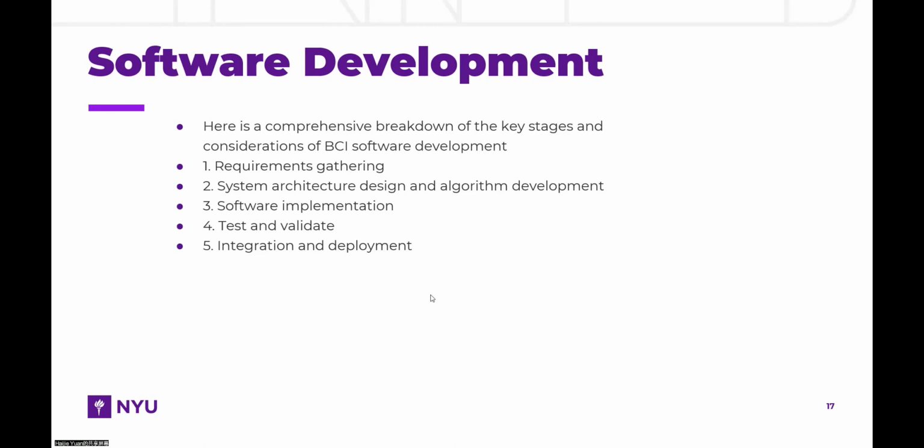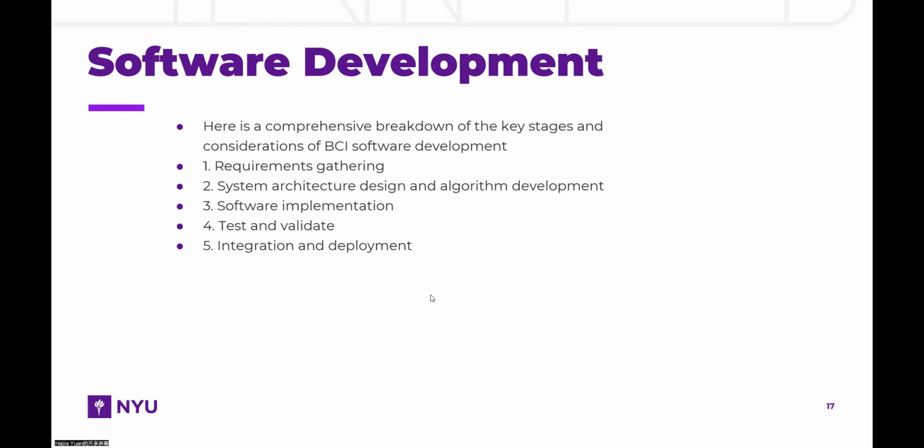First one is requirements gathering. Determine what the software needs to do based on user requirements and technical possibilities. Some survey methods are used to collect the needs of the end users.